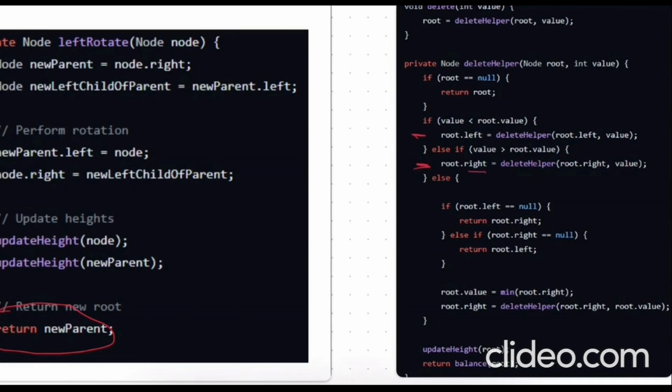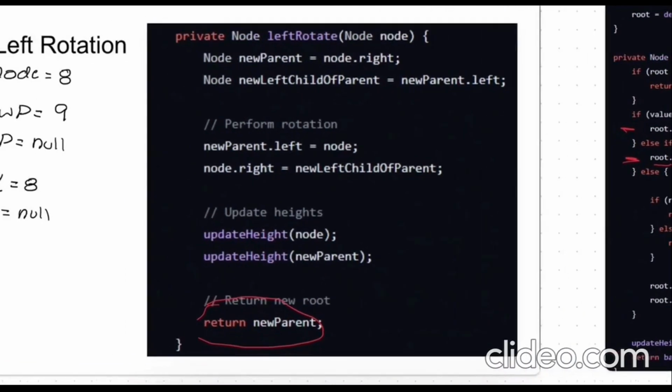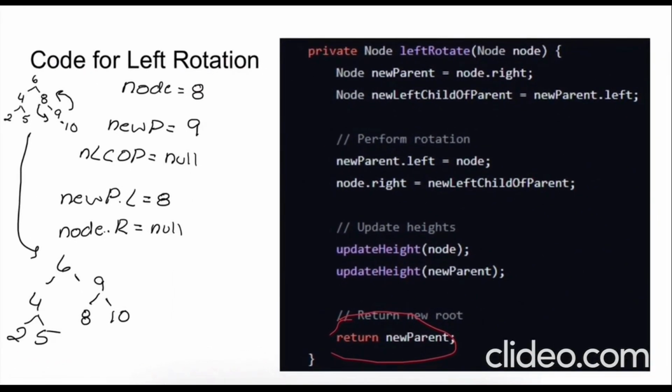So 6's right child will be that new parent 9 and its subtree. And so this deletion method handles implicitly assigning children to their parent after a balance switches the nodes up. And so that is our code for left rotation.